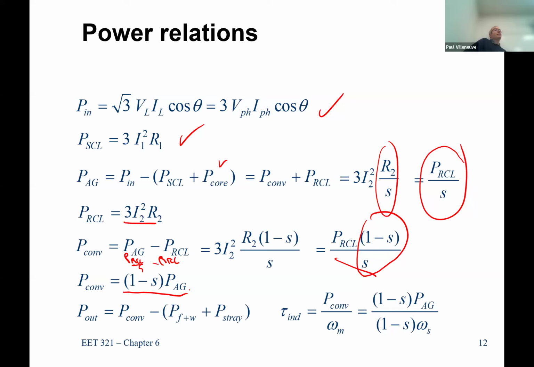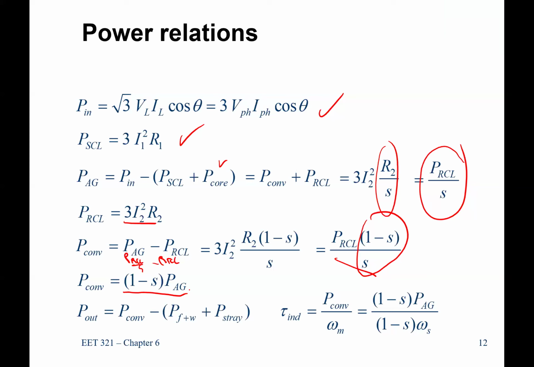Think about it. It's driven by the slip speed. Keep talking. Well, if you can get the slip to equal 1, you'd have no converted power. If the slip is equal to 1, which means it's not rotating at all, you don't have any mechanical power out, right?